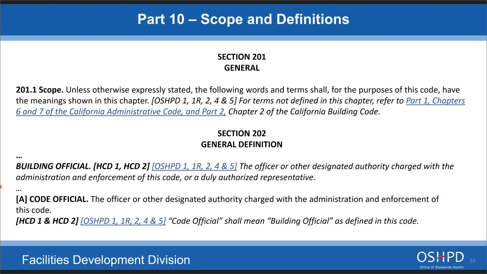In this part 10, under general definitions, we're adding a definition for building official, as well as code official. Basically, they can be used interchangeably. The reason for this is because they show up differently in different sections of the code, and so we just want to make sure that they can be interpreted interchangeably. Next slide.